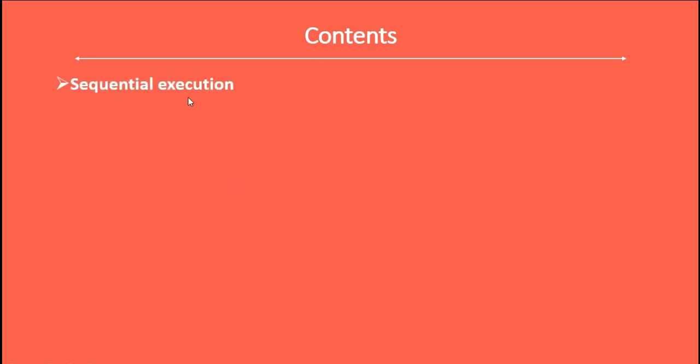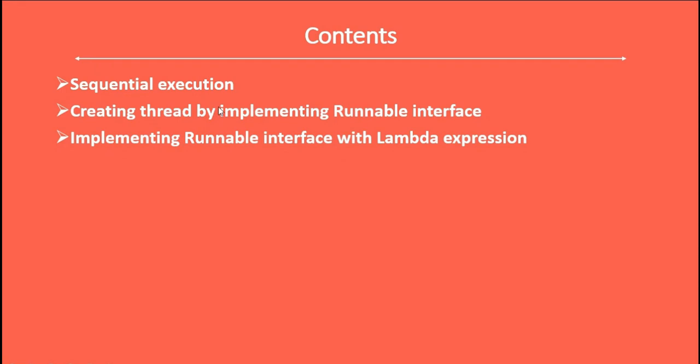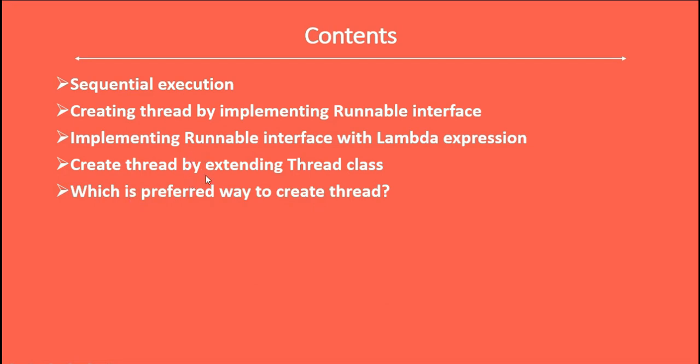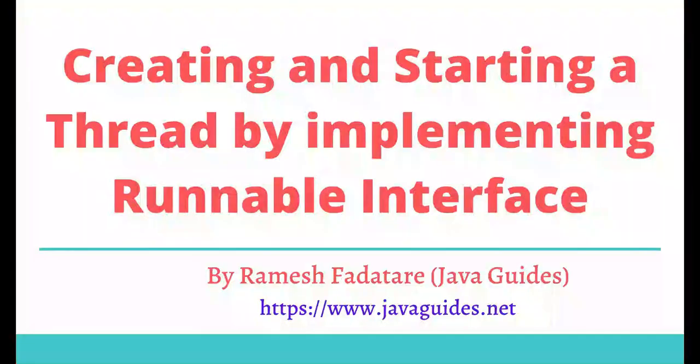First we'll see how to execute a sequential program, and then we'll see how to increase the performance of sequential execution of the program by using threads. Then we'll see how to create a thread by implementing the Runnable interface, and we will replace the implementation of the Runnable interface with a Lambda expression. Then we'll see how to create a thread by extending the Thread class, and finally we will see which is the preferred way to create a thread.